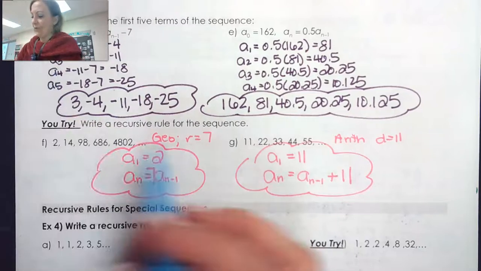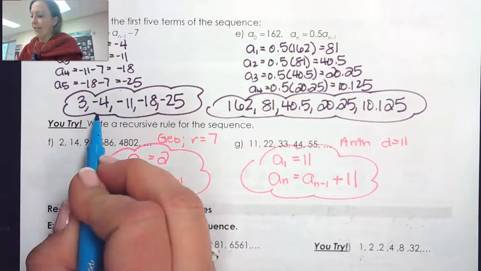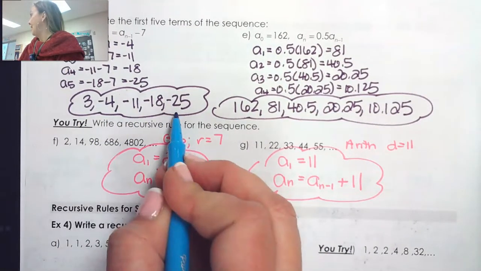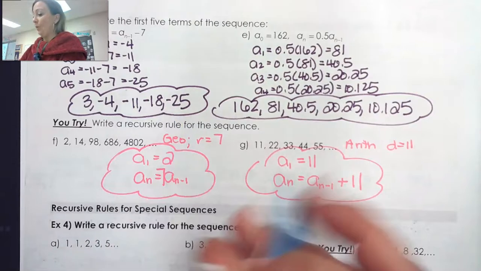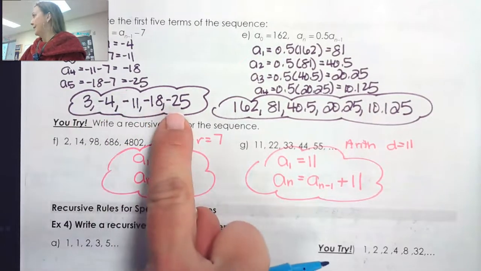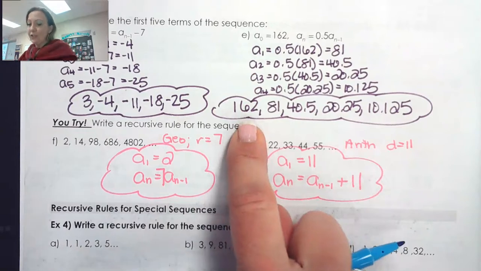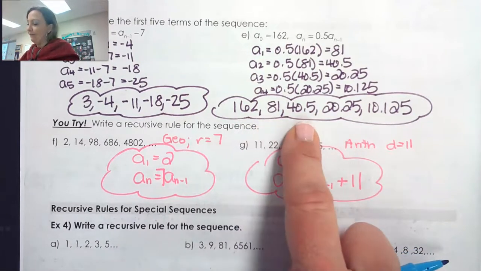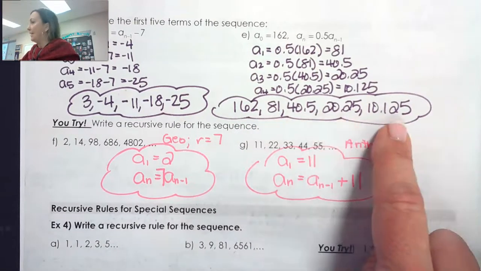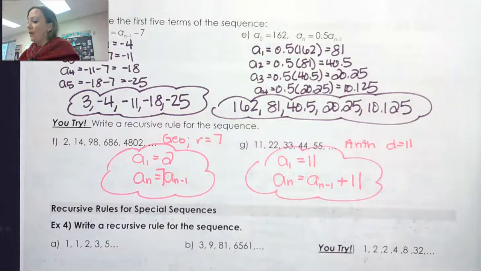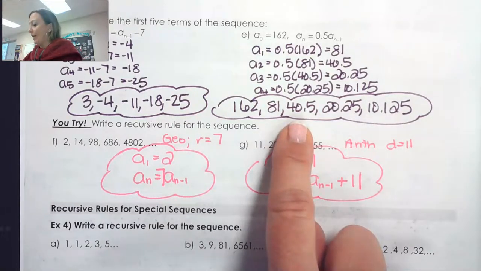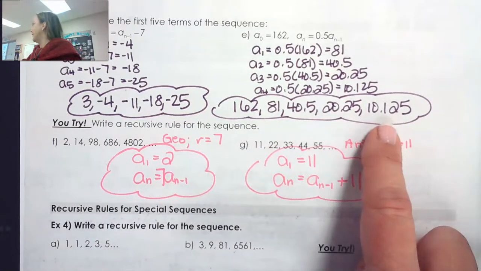Try D: 3, -4, -11, -18, -25. Did we all write it out like this as a sequence? Okay. Letter E: 162, 81, 40.5, 20.25, 10.125, or you could have 40 and a half, 20 and a fourth, 10 and an eighth. That's fine.